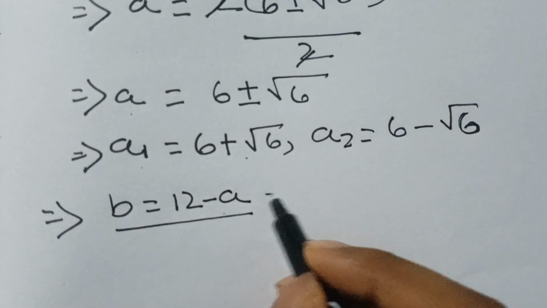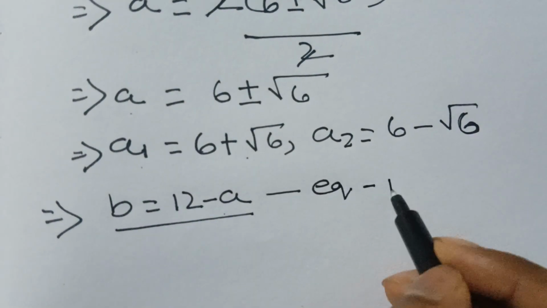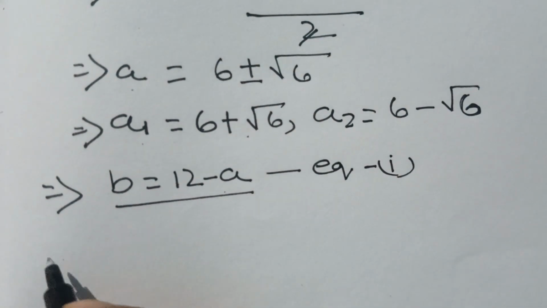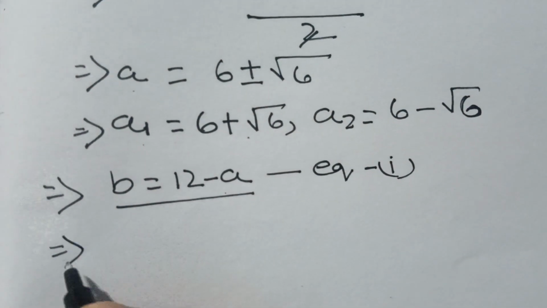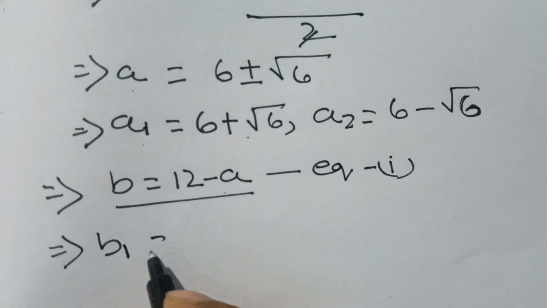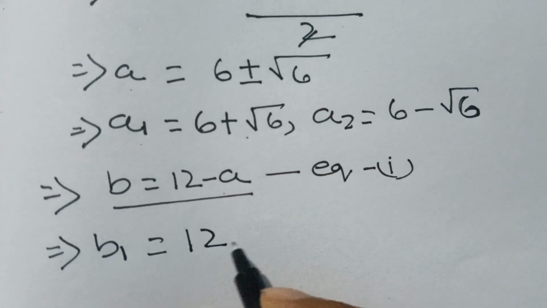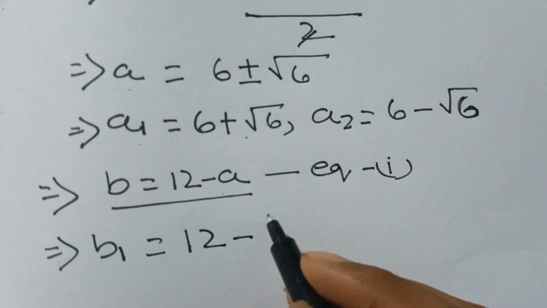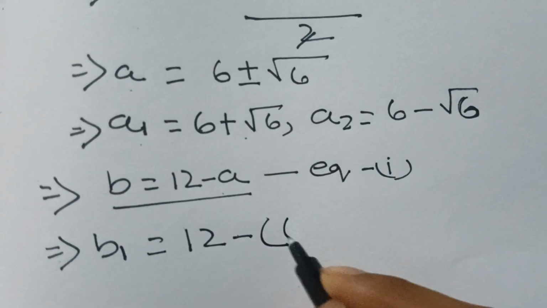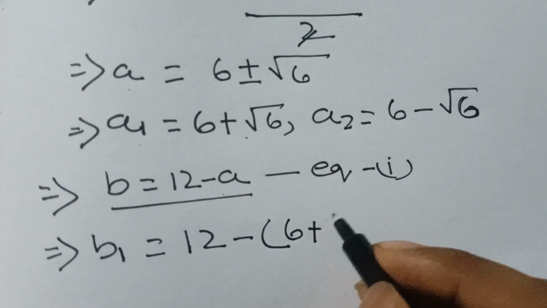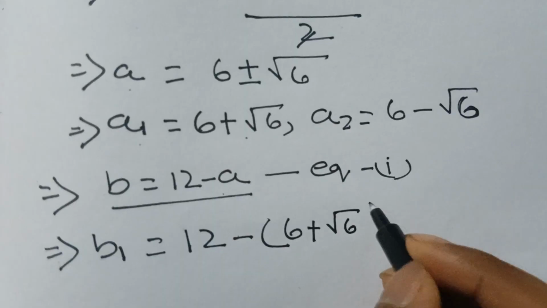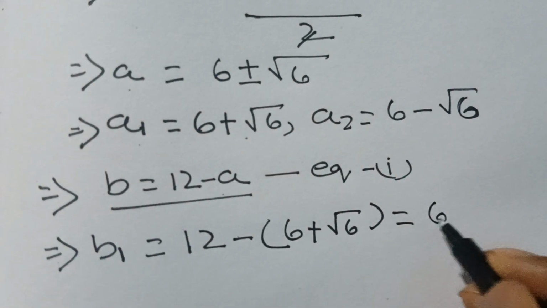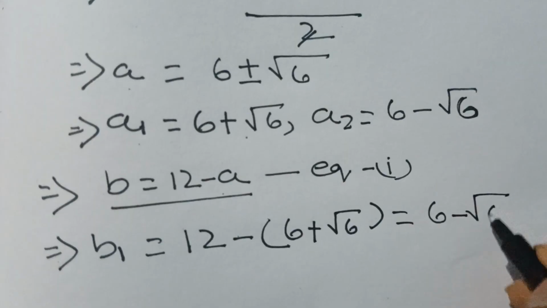For the first value, b1 is 12 minus (6 plus root 6), which is equal to 6 minus root 6.